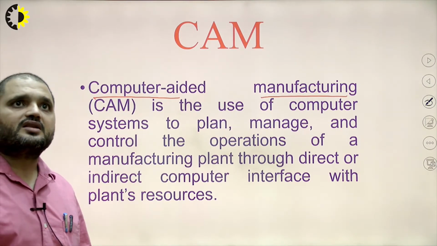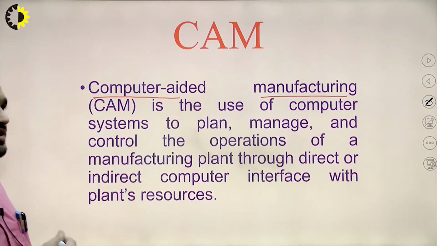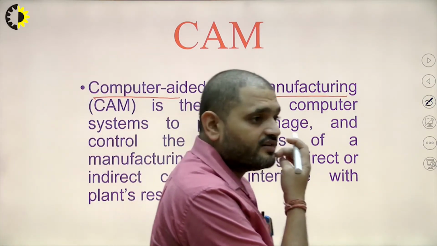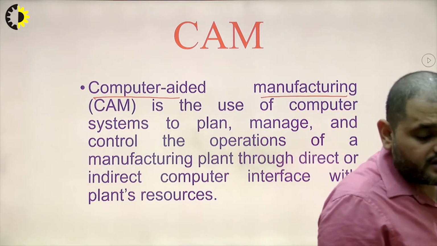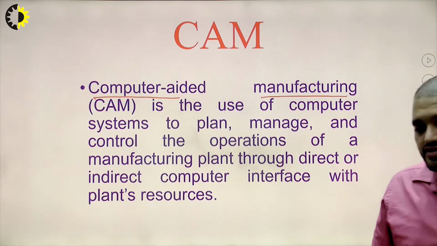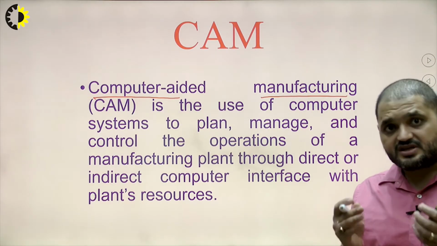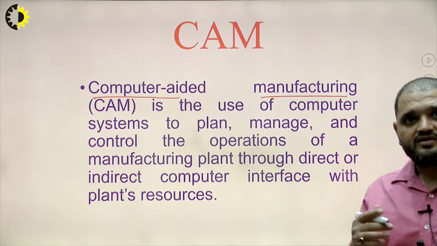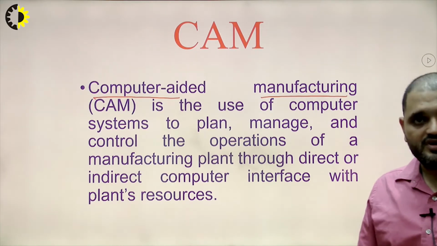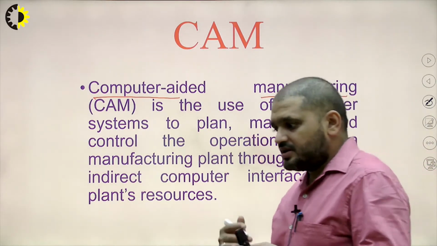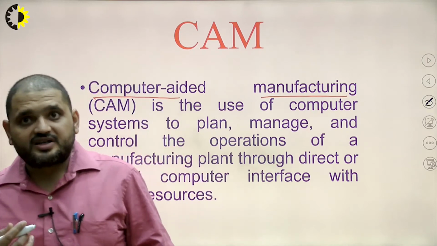In CAD, which we have discussed, we modeled a product with the help of CAD. The product which was designed in CAD is now transferred to the machines through computers, and this is how the product is manufactured by the machines.